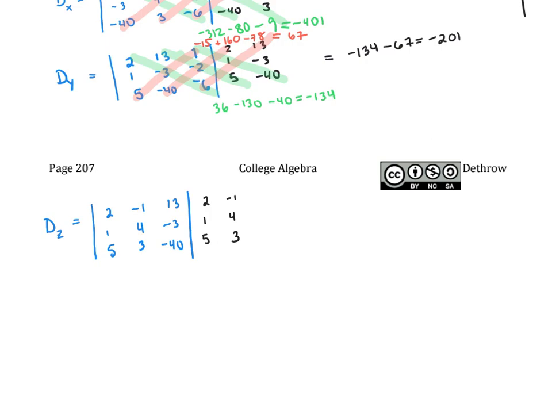We can go down. And we obtain negative 320, then we have plus 15 plus 39. Now let's go up.